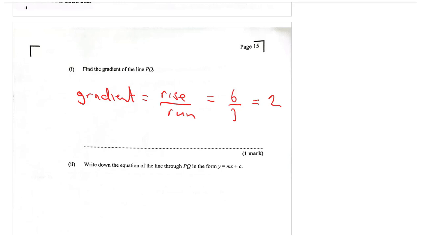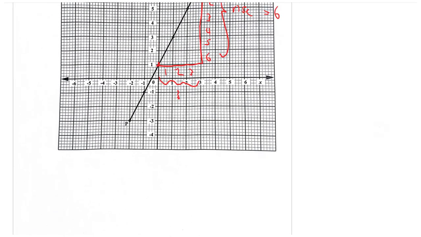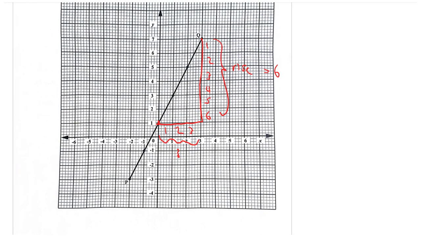The next way you could find the gradient, let's go back up here. We could, using the same points we selected right here. So this point right here is 0, 1. And this point right here is 3, 7.